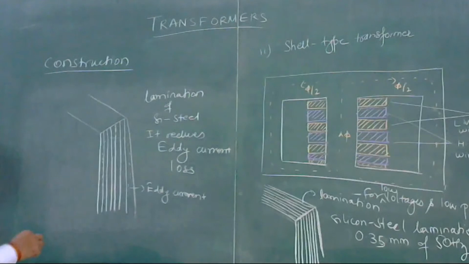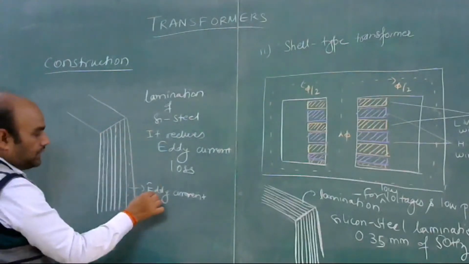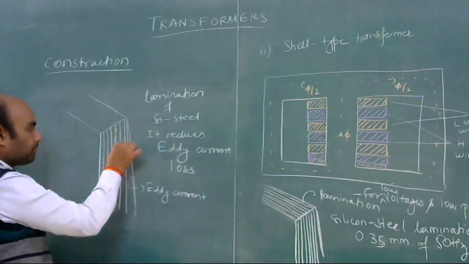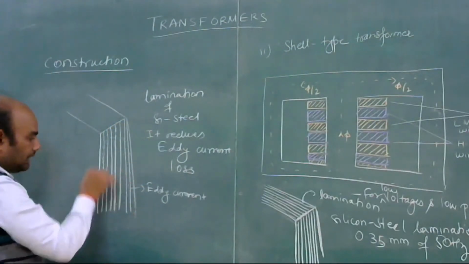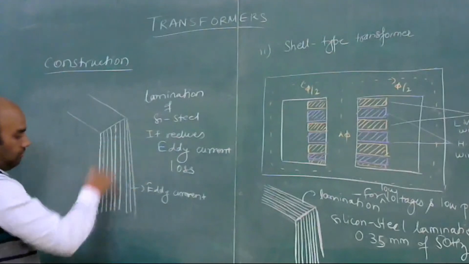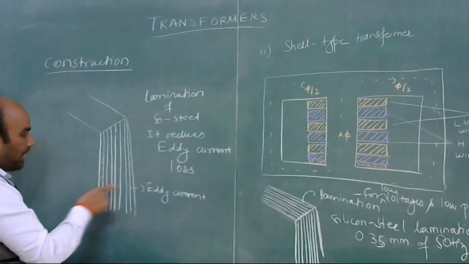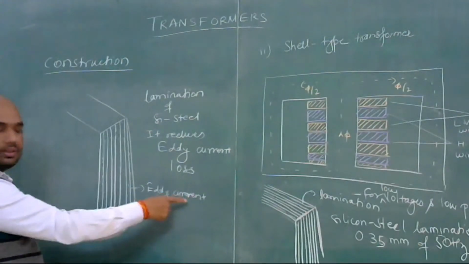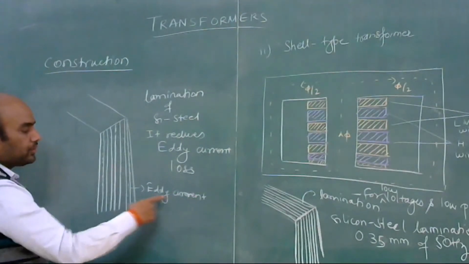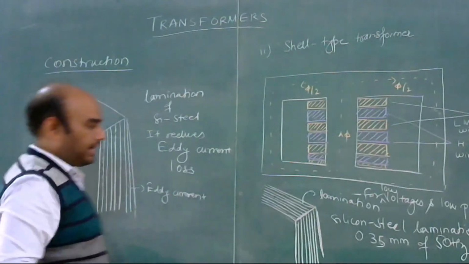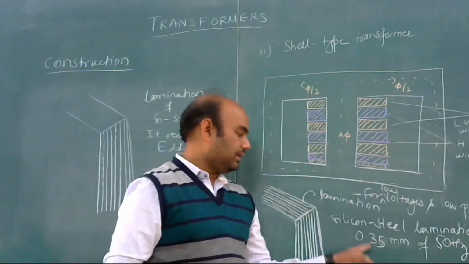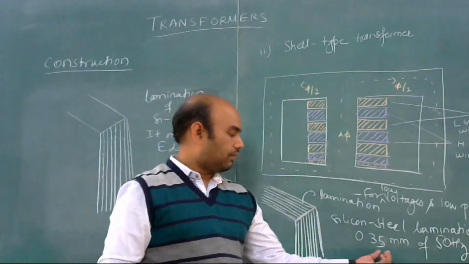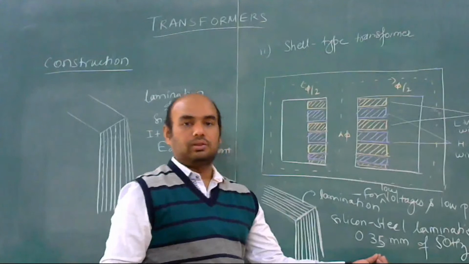So now what will happen? The path of this eddy current will be reduced. A very thin path is provided to the eddy current. In this way you can reduce the eddy current, as the lamination thickness is only 0.35 mm, which is a very small thickness.